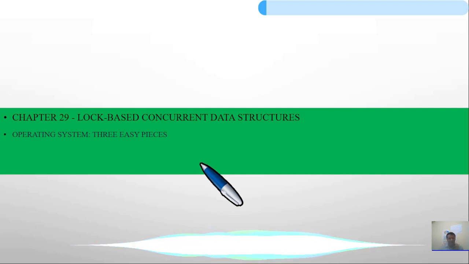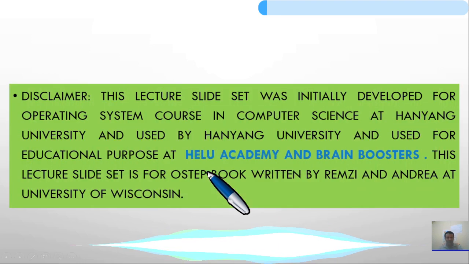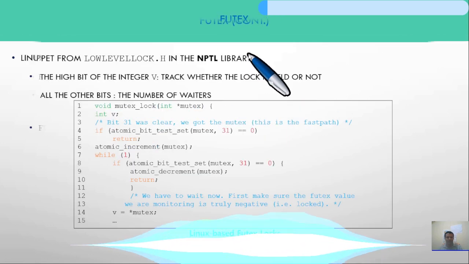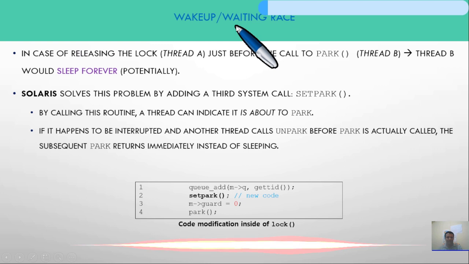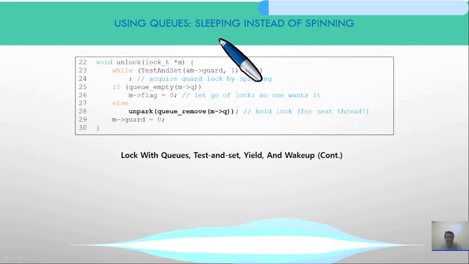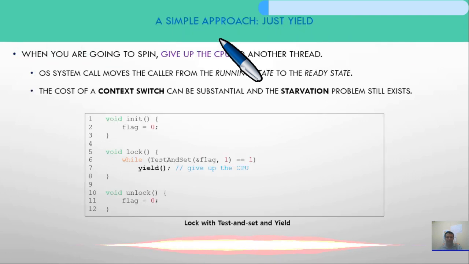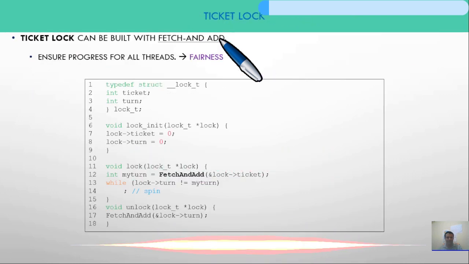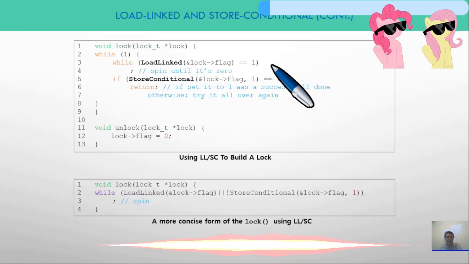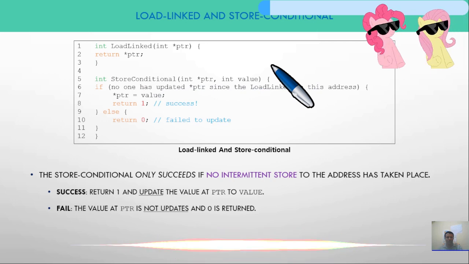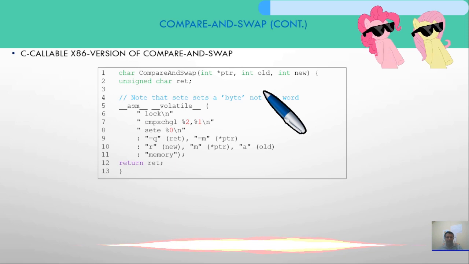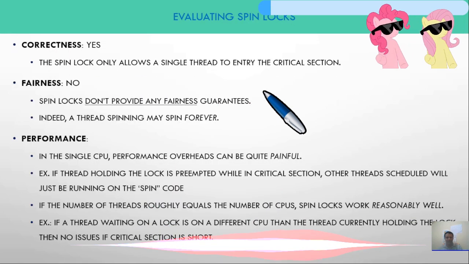If you remember, in chapter 28 we discussed different lock structures like futex, wake up in the waiting race, sleeping instead of spinning, just yield, ticket lock, fetch-and-add, and load-linked and store-conditional. We have also seen Linux and compare-and-swap and the others.